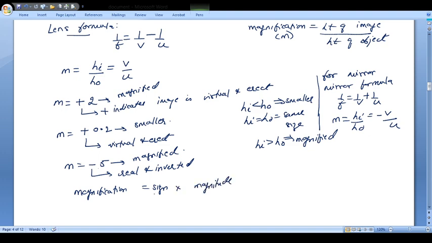Sign will indicate whether it is real or virtual. Virtual होगा तो positive sign, real होगा तो negative sign, and magnitude will indicate whether it is smaller, bigger or like that. So I hope this part is clear to you.